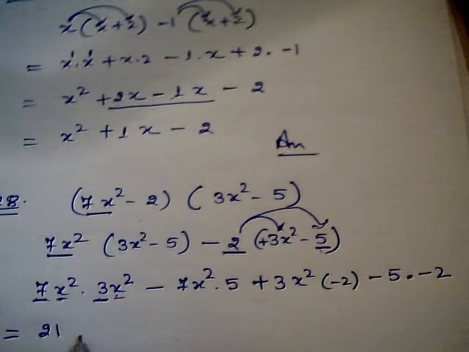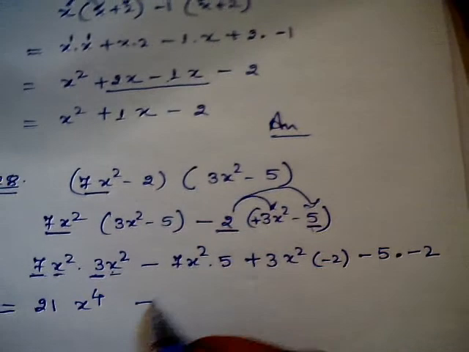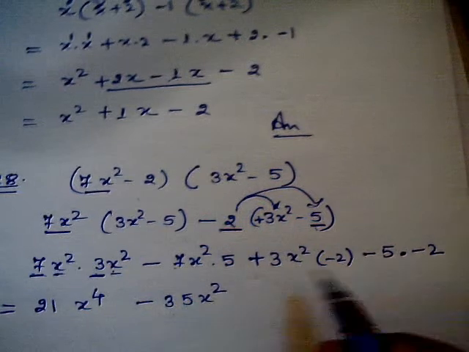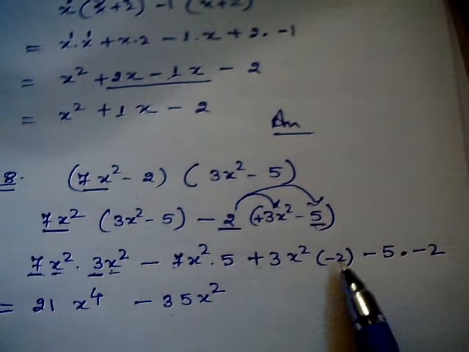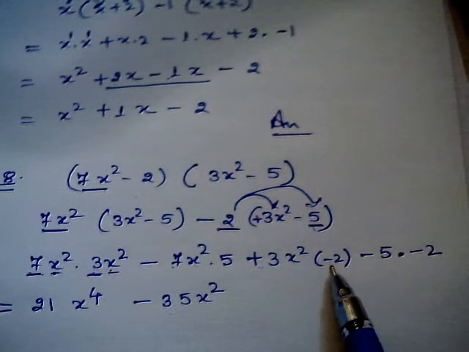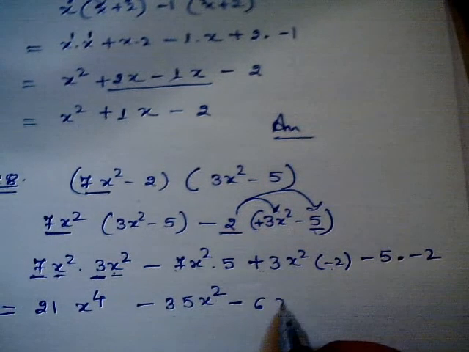Here this term is with the positive sign, and this is negative, so the number +3 is multiplied by negative. Positive times negative is negative, so 3 times -2 is -6. Now here both are negative, so negative times negative is positive, so that's going to be +10.